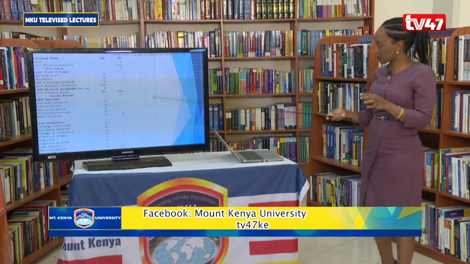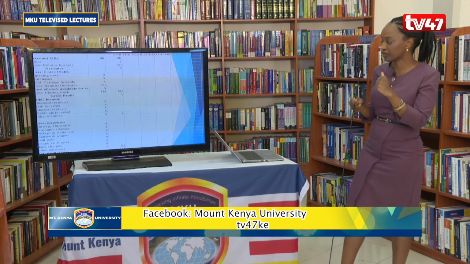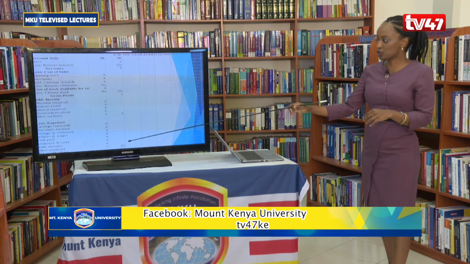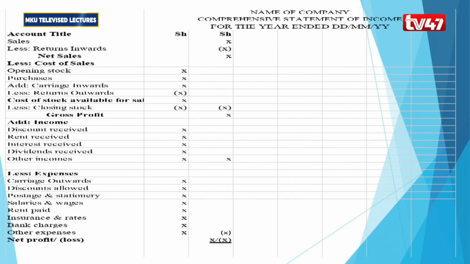So, assuming this financial statement is for the year 2019, it's not the business's initial year of operation. So there was 2018 and there was, say, 2017. It will be possible to tell how the business has been performing between 2017, 2018, and 2019. Are things getting better? Are things getting worse?